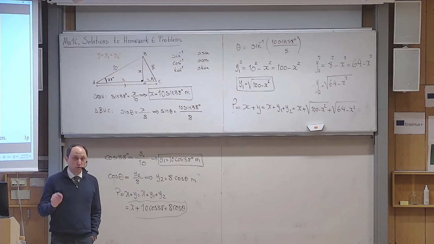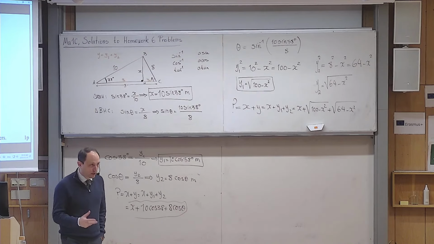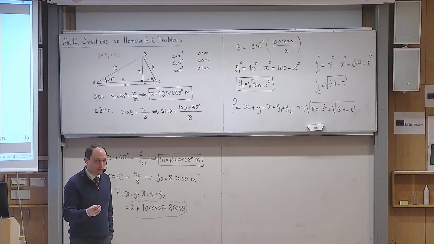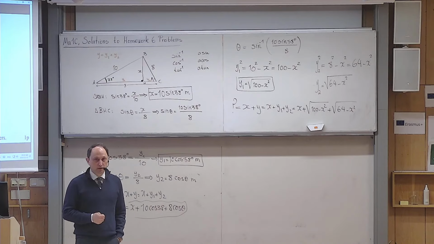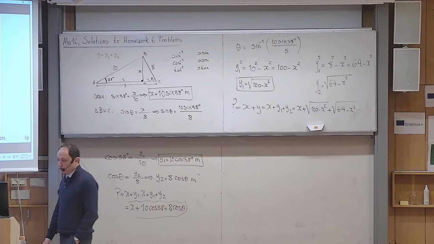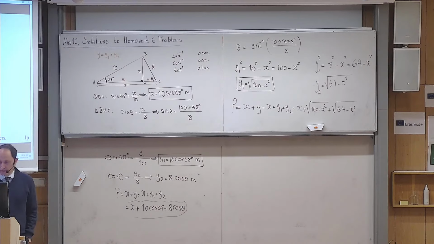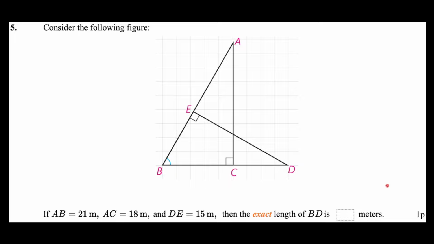And whenever you want to use similarity, you have to justify why they are similar. One point of it will come for proving the triangles are similar, if you intend to use similarity to solve the problem. But this is the first problem where they are asking you about the exact value. Okay, so let us see how it goes.